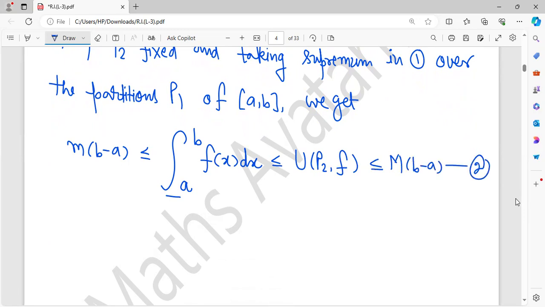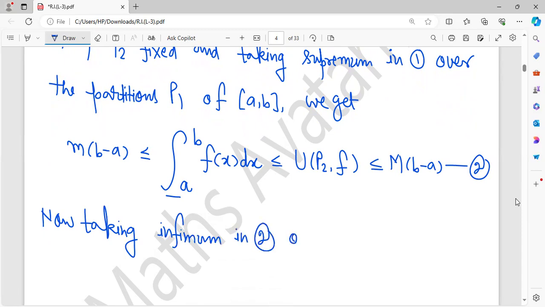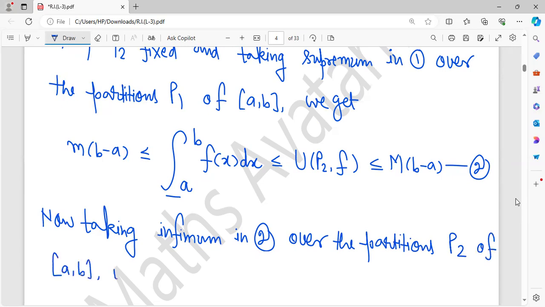Now, taking the infimum over the partitions P2 of the closed interval [a, b], what do we get?